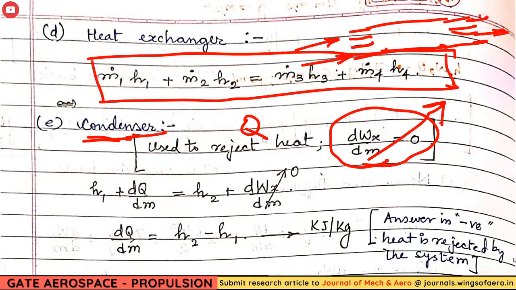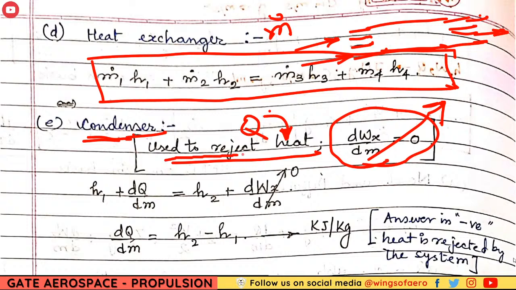And we have the heat exchanger, which is the same, only you will have multiple inlets. It depends on the number of inlets, just like how you solve a problem on your continuity equation. Condenser is just like a boiler where heat is added into the system and no work is done. Boiler heat enters, condenser heat is rejected. That is the only difference.